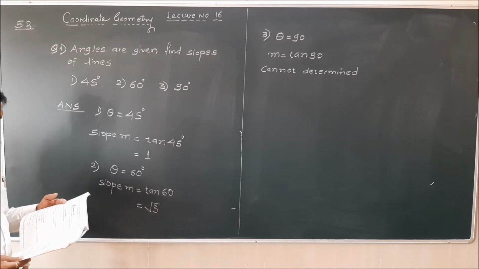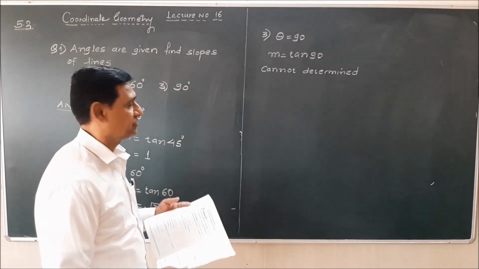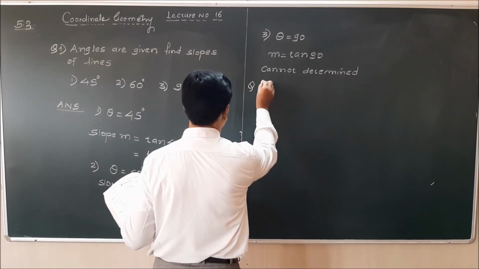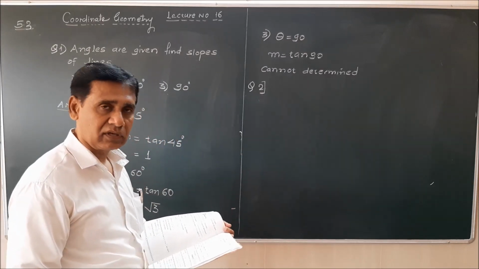Now next, find the slopes of the lines passing through the given points. This is our question number 2. I repeat this question again. Find the slopes of the lines passing through the given points.